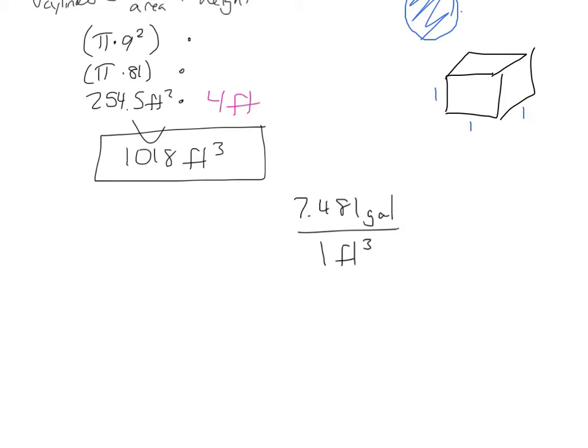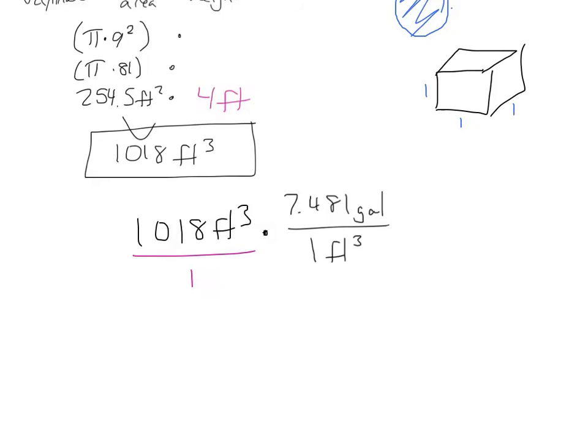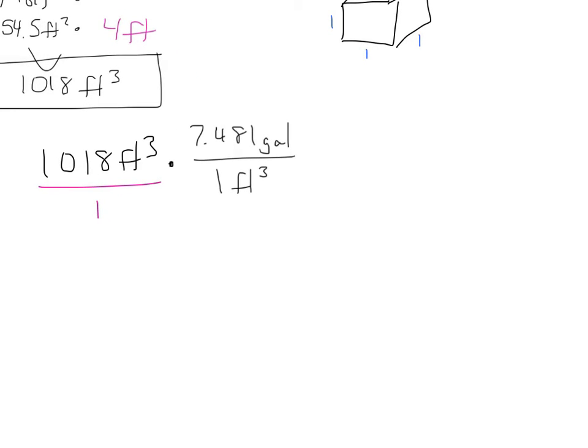So how are we going to take this and go from cubic feet to gallons? Well, we're going to use this conversion factor. So we're going to take our 1,018 feet cubed and multiply it by this conversion factor. Now, we can put any number over 1, so now we're multiplying a fraction by a fraction. And conveniently enough, we have feet cubed on top, feet cubed on bottom, so they cancel each other out.